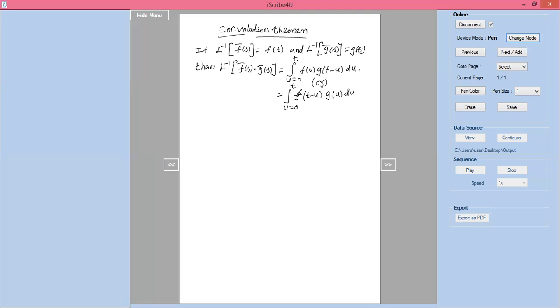Now, what procedure will we apply to simplify these problems? First procedure.